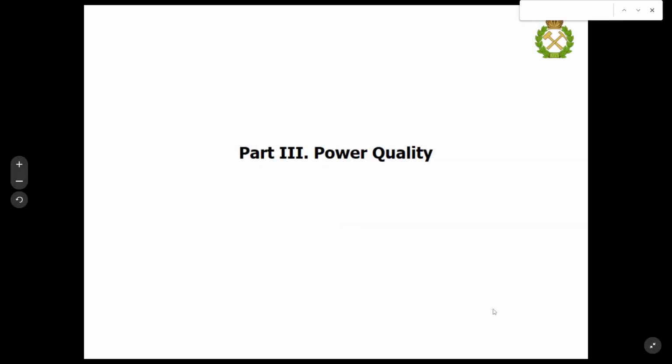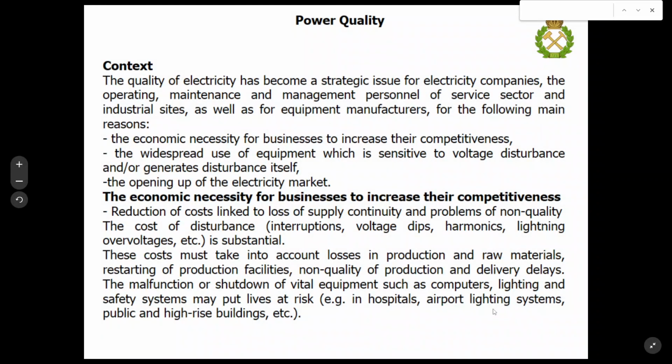And the last part of our today's lecture is the overall power quality problem. First of all, this problem is connected with economic necessity to increase competitiveness, the widespread use of equipment which is sensitive to voltage or current harmonics presence, and the opening of the electricity market depending on the conditions of each country.